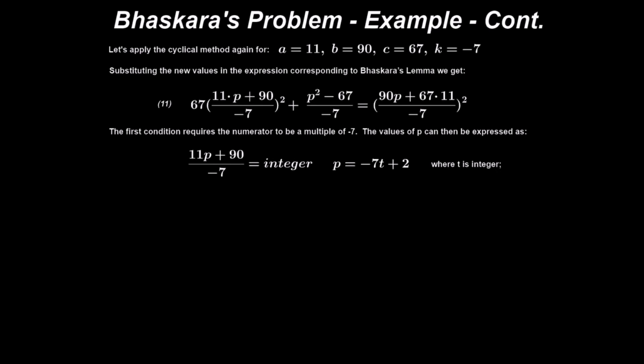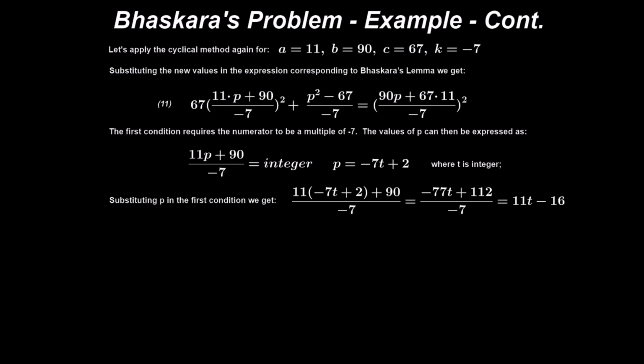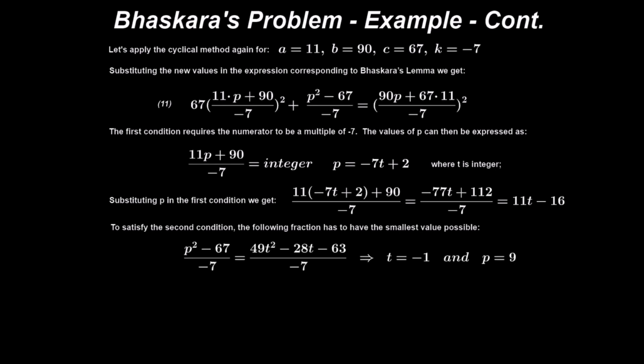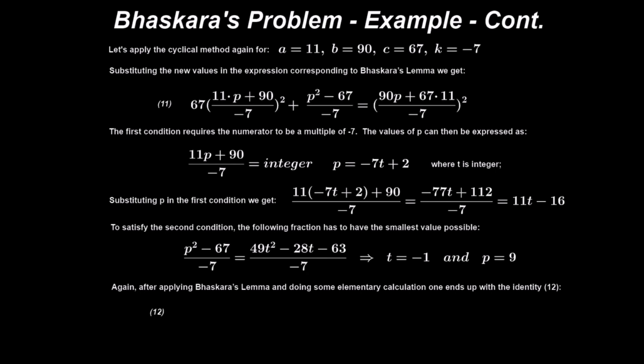Now k is equal to -7, so we need to apply Bhaskara's lemma again. Substituting the new parameters in the Bhaskara expression, we finally end up with a value for p, which generates a derived equation where k equals -2. This derived equation has the right form and can be used to solve the initial Pell's equation.